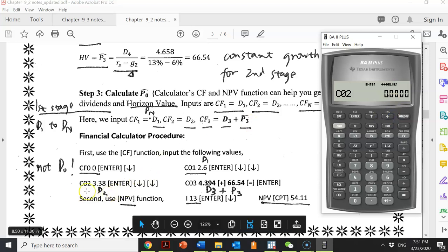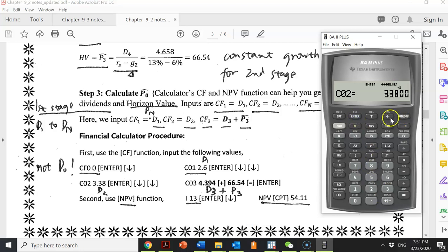We go to cash flow 2. It should be 3.38. Enter, down button, down button. Cash flow 3 should be 4.394 plus 66.54.